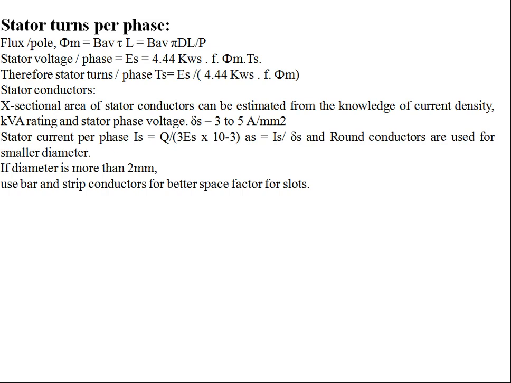The advantage of bar or strip conductors is that they give a better space factor for the slots, which means more of the slot area can be filled with conductors. So these are just the theory part. When we go into the numericals, it will be clear. Thank you.